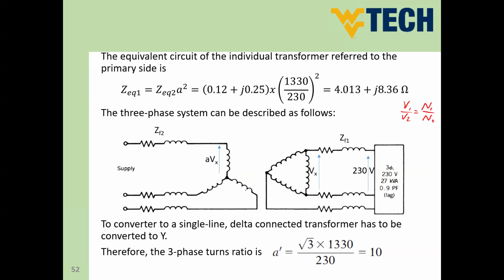The impedance will match the volt in terms of turns ratio, but the impedance will be multiplied by the square of the turns ratio. For that, this is the impedance referred to the secondary side, and we multiply it by the turns ratio squared. So don't forget that, guys. Impedance is multiplied by the turns ratio squared, but for current and volt, we use only the turns ratio without the square. So this is going to be the ohmic value of the impedance now referred to the high voltage side.